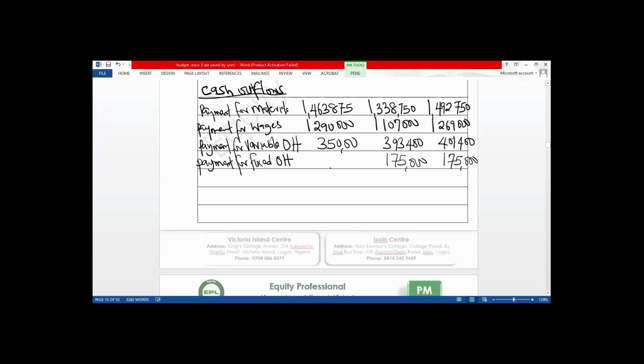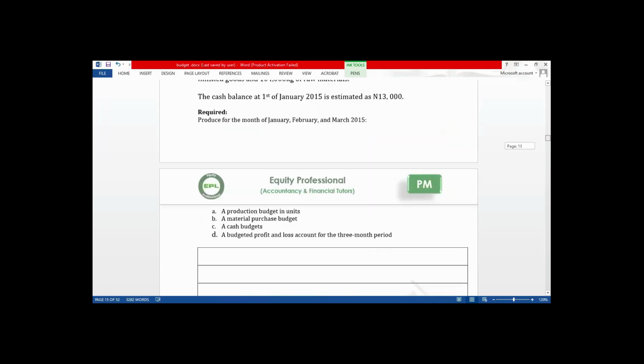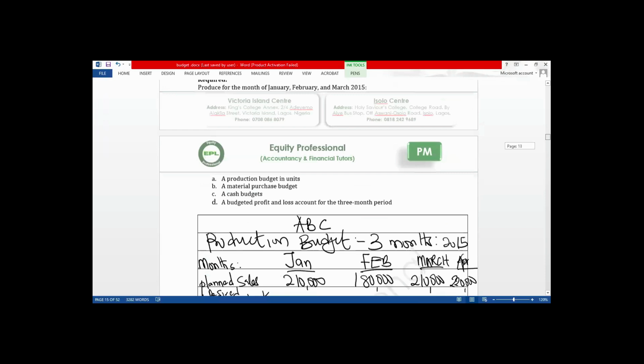Go to the question. What is the creditors for fixed overhead? Now look at it, please.